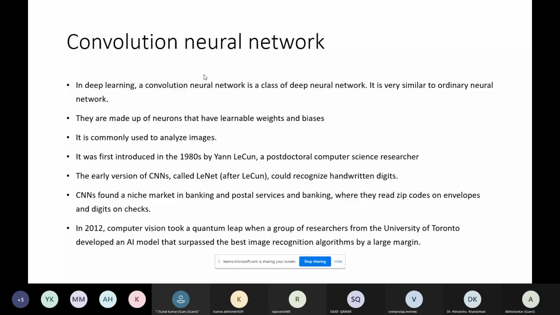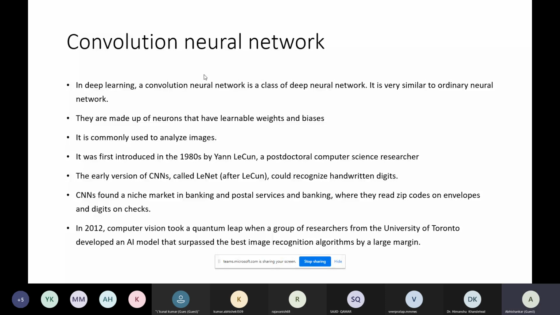Okay. So today we are going to start the convolution neural network, CNN. Basically, if we are developing a neural network with images, that comes under convolution neural networks.